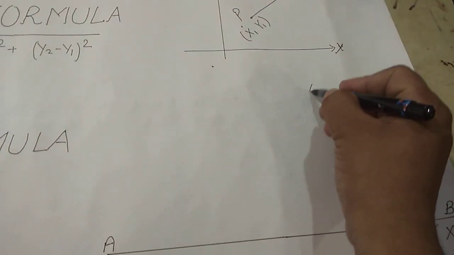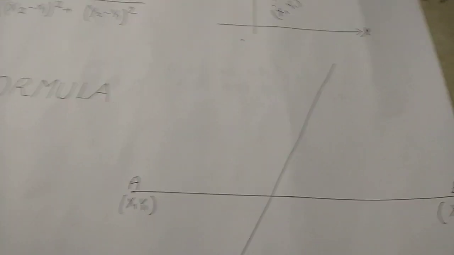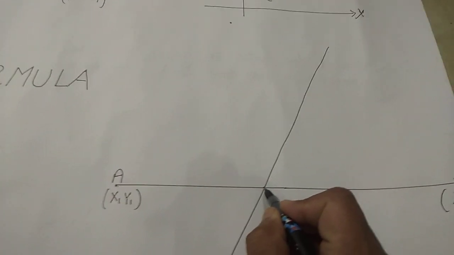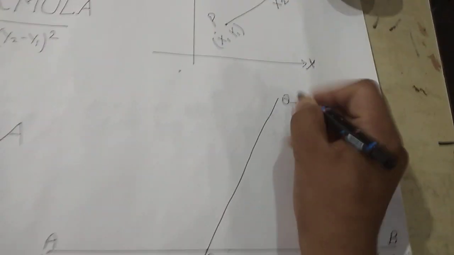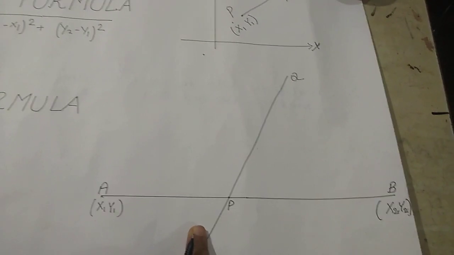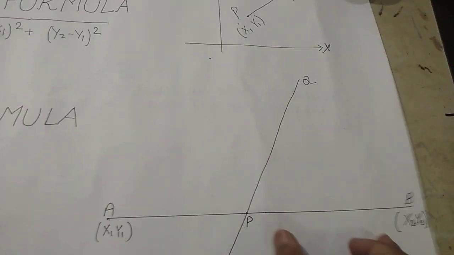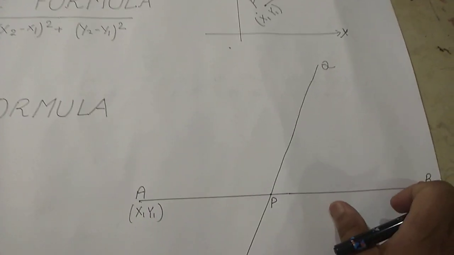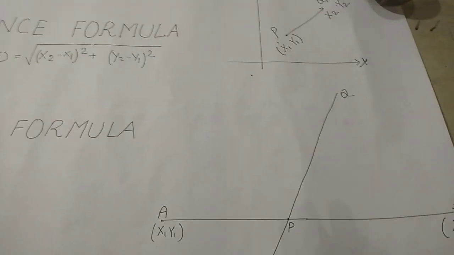Suppose one line divides or intersects this AB at P. Suppose PQ is a line, PQ divides AB at P. So maybe this is 50%, this is 50%, or this is 30%, this is 70%. First of all, we have to understand that this line divides AB into two parts, maybe equal, maybe not equal.